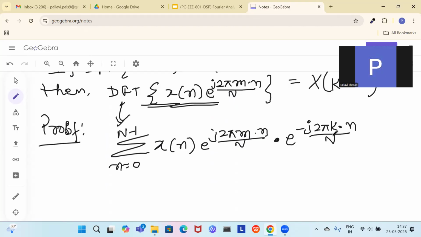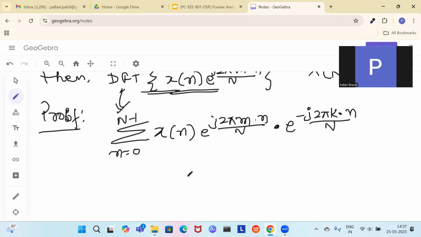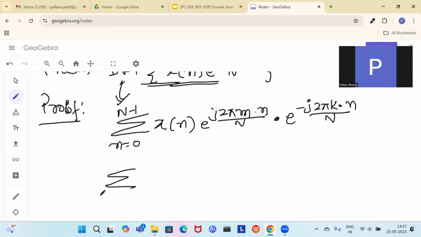Now this is very, very easy. You need to take all the common things outside and write it in the form which is similar to the formula of DFT, n equals 0 to N minus 1 x[n]. So how can I write it? First write down e to the power minus j2π/N. Now see the common part is n. So write it here.